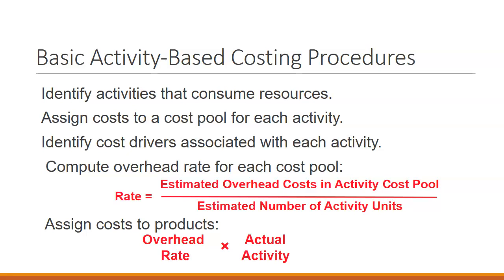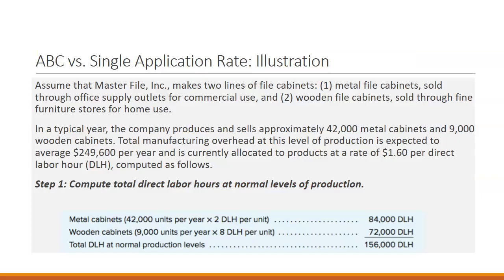We separate it out, and that's how we come up with each rate for each activity. Then we assign costs to our products based on that rate that we calculated and the actual activity that occurs on that product. So we're going to look at this.